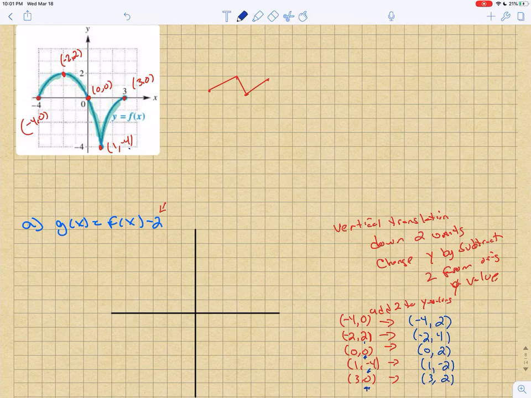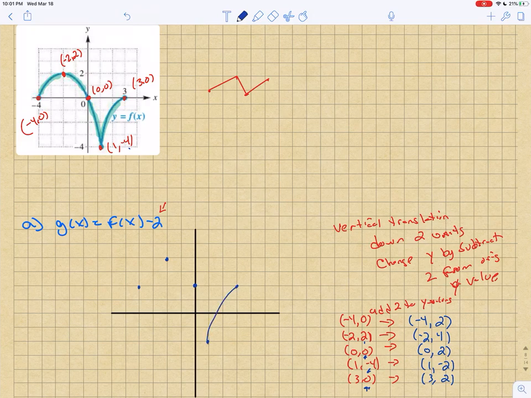So this is what the function should look like. Up top you see the original. Now I have -4, 2, -2, 4, 0, 2, 1, -2, and then 3, 2.